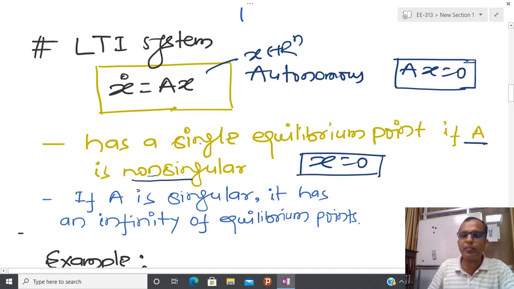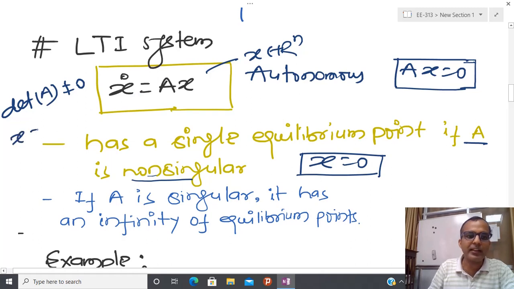And in terms of matrix, I can tell that if determinant of A is not equal to 0, then for this linear time invariant system, I have a unique equilibrium point, and that equilibrium point is nothing but x equal to 0. So please be careful, x is here a vector, because I am telling x belongs to Rn. So each entry of that vector or column is 0.